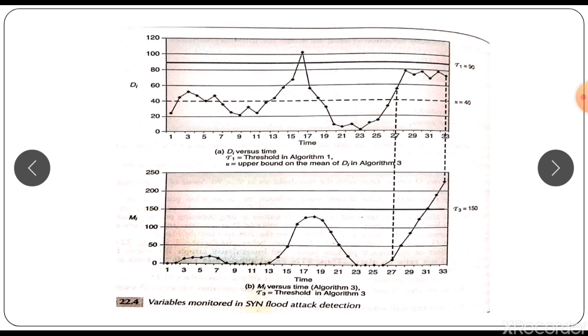Some problems with this approach: the first problem is the IDS may raise false alarms, since it bases its decision upon one point, that is, whether the value is greater than the threshold value. So here the value of D rises to above 100. You can consider it as 1 or 2. That will trigger an alarm.